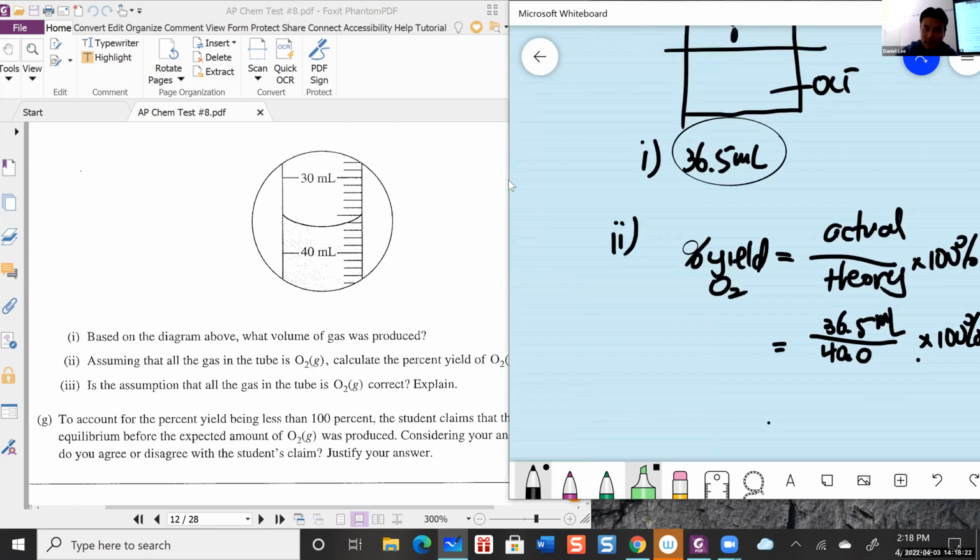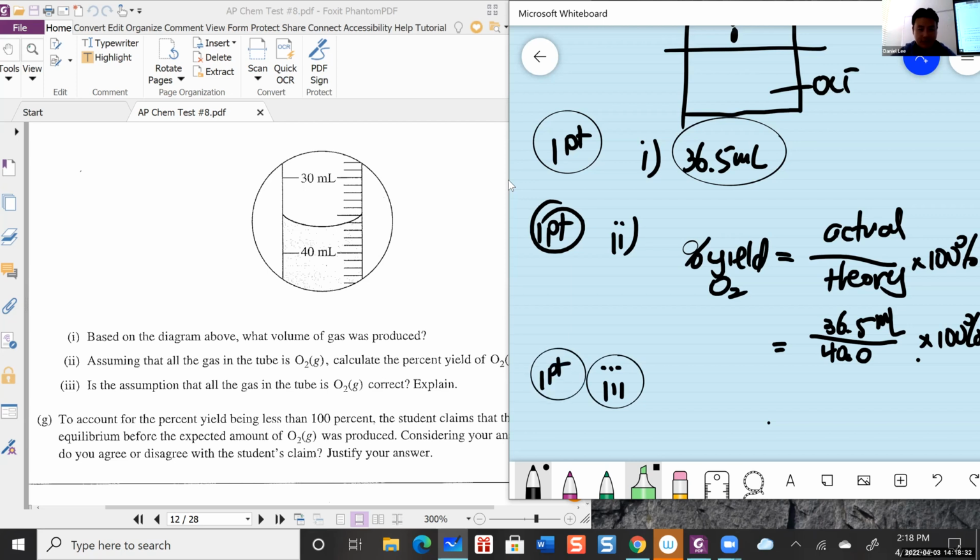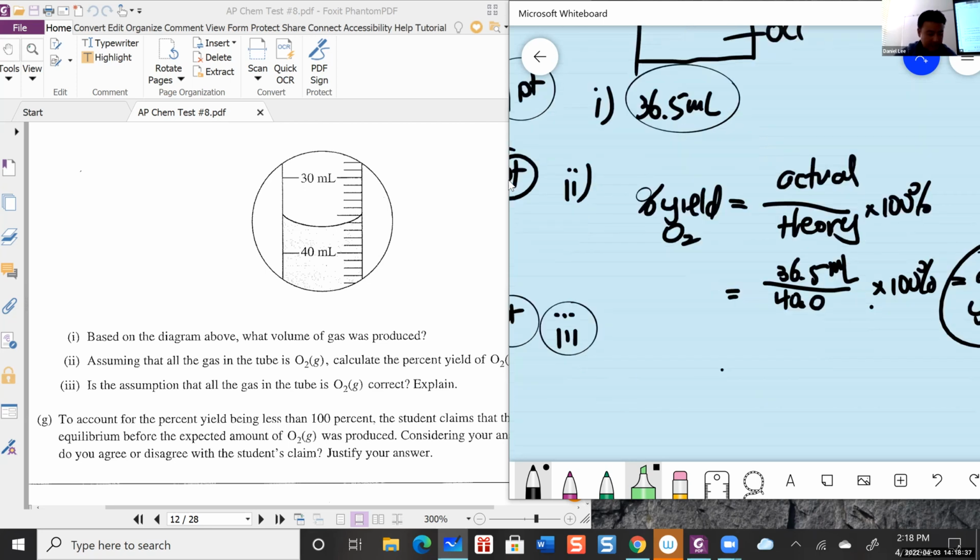So 1 point for F1, 1 point for F2, and then the next one is 1 point for F3. F3 is the assumption that all the gas in the tube is oxygen. Is that a correct assumption? The answer is no, because you're collecting this over water. Water will also vaporize.